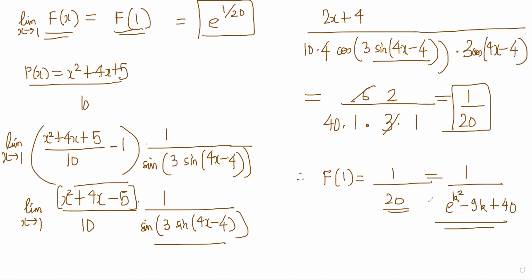So let's write that here correctly. We have e power 1 by 20. Correct. So now I've written this correctly, but I've written this part incorrectly. This is k square minus 9k plus 40, right? Correct.